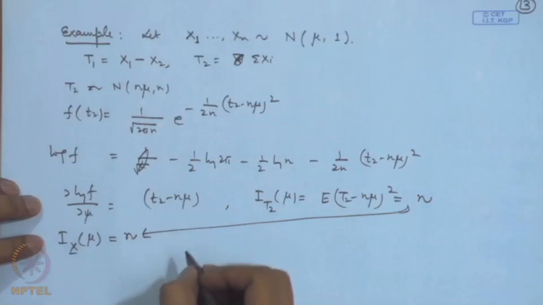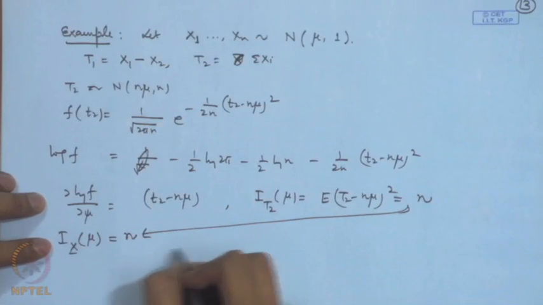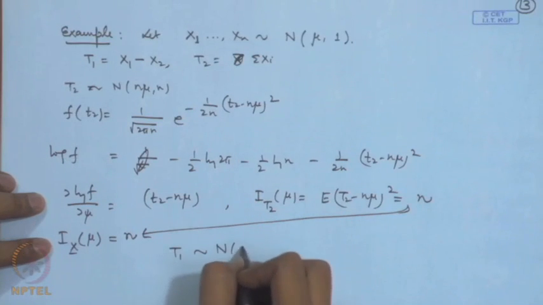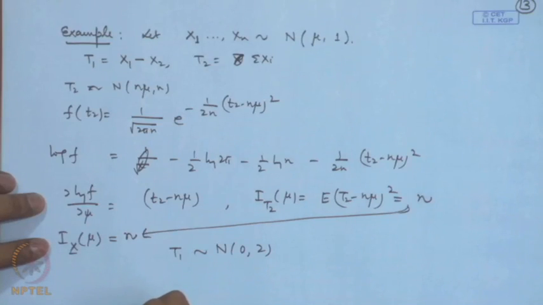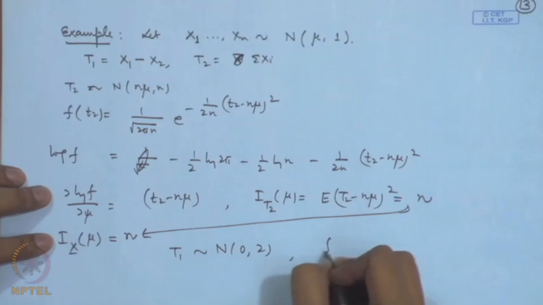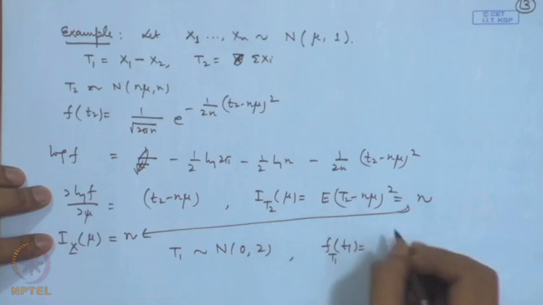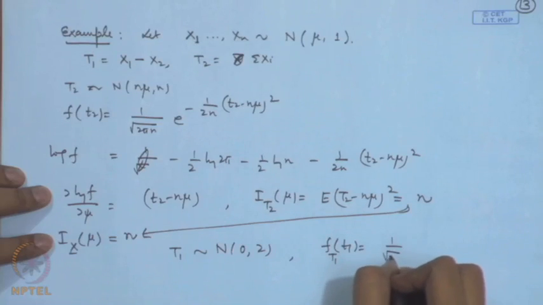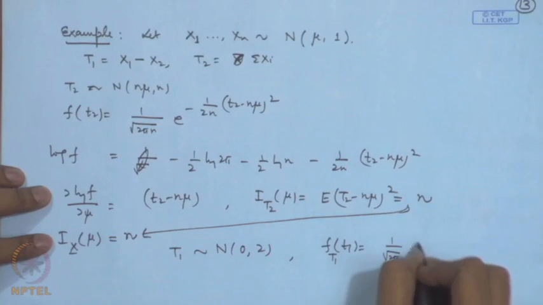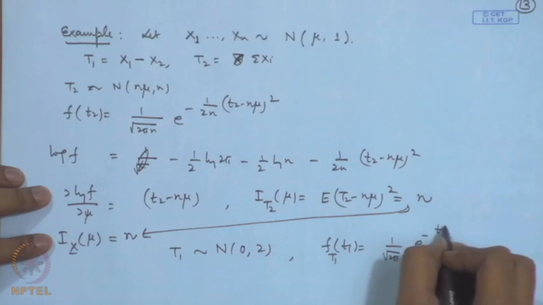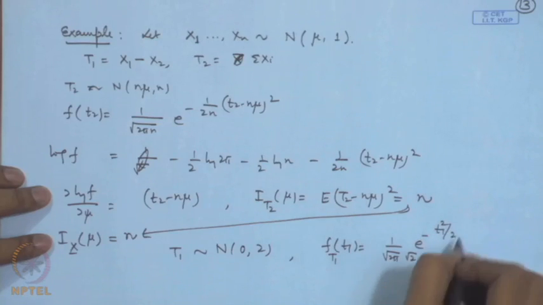Let us look at the information in T1. Now, T1 here is normal (0, 2). So, the density function of T1 is simply 1 by root 2 pi into root 2, e to the power minus T1 square by 4.